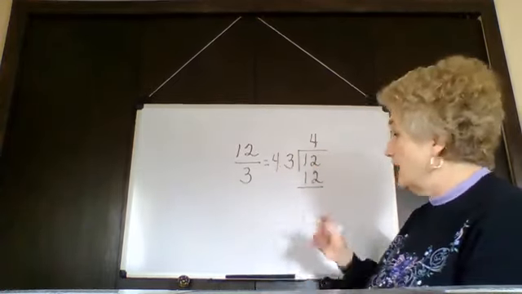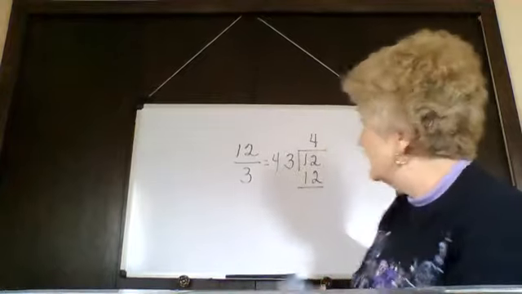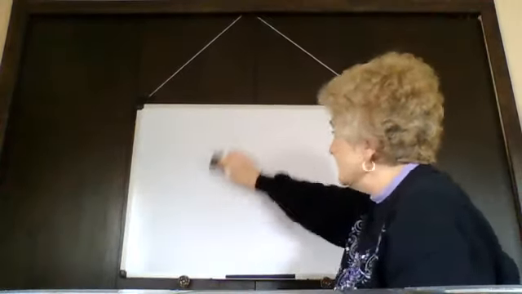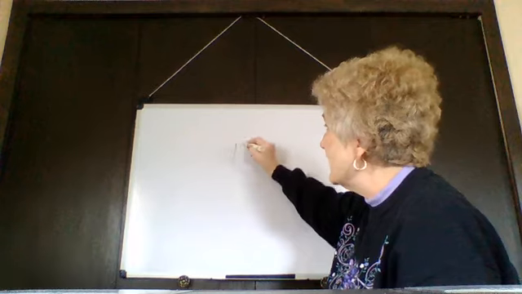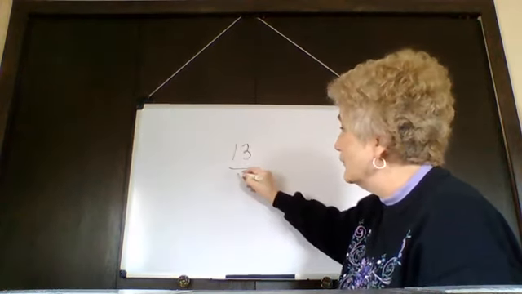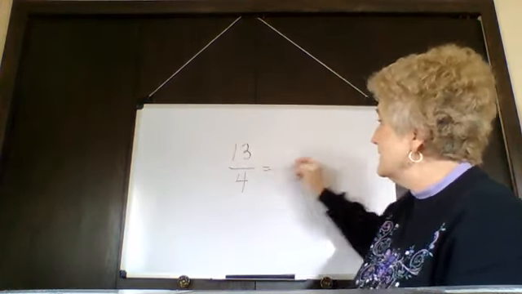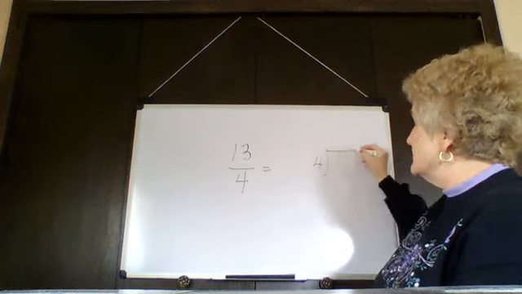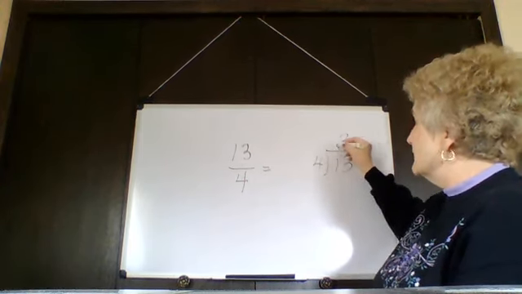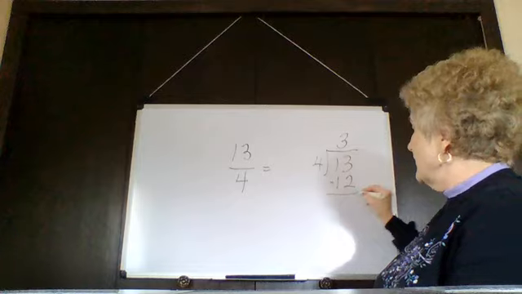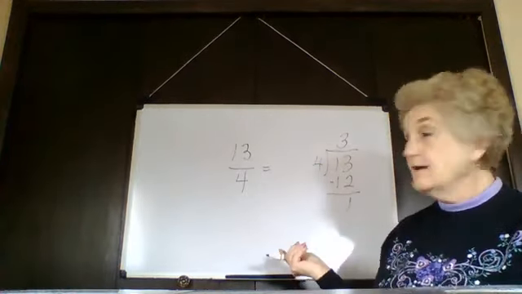And then we learned that we could take an improper fraction like this. What if we had 13 over 4? We do the same thing. 4 into 13 is 3 times, 4 times 3 is 12, with a leftover of 1. What is that leftover?